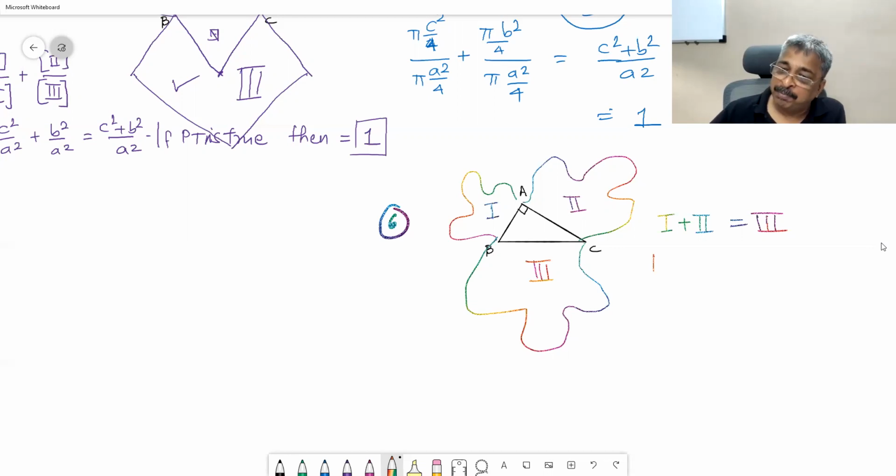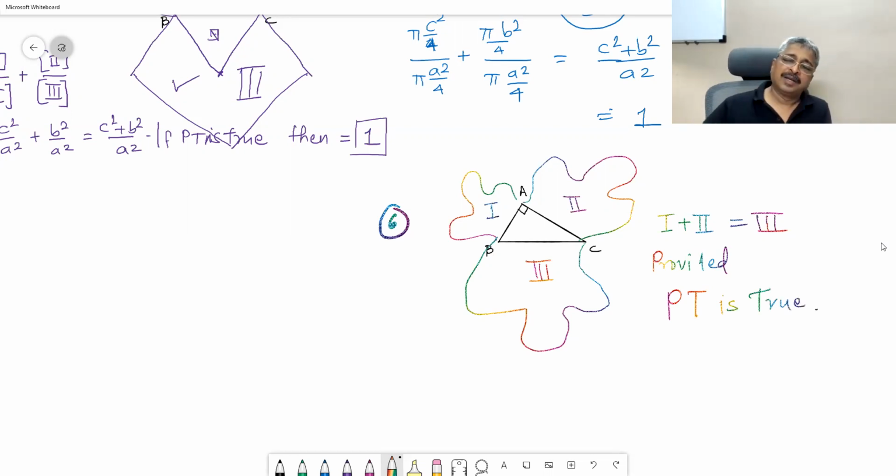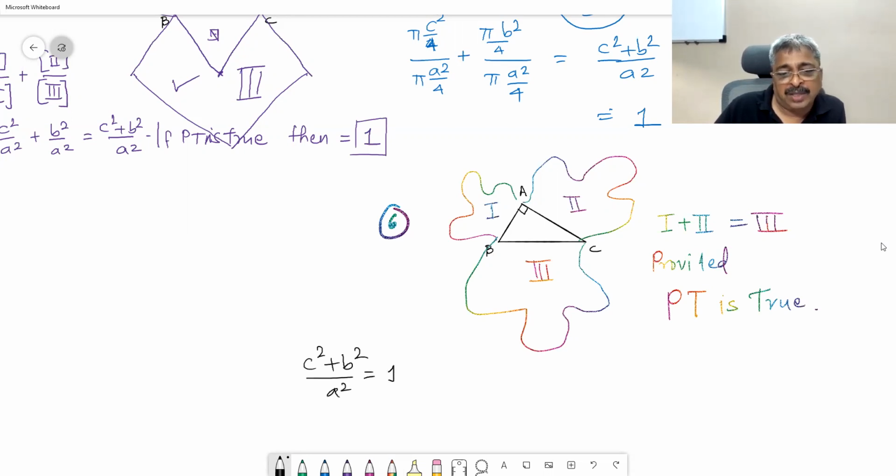But he is saying, provided Pythagoras theorem is true. Right? But then why are we doing this? Every time we are ending up with c square plus b square upon a square is equal to 1. We are writing if Pythagoras theorem is true.